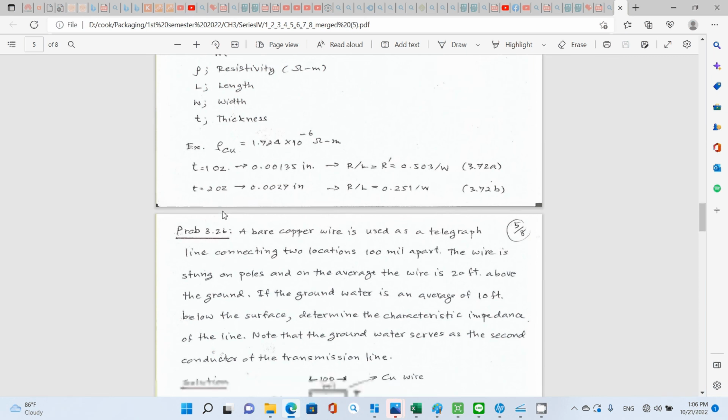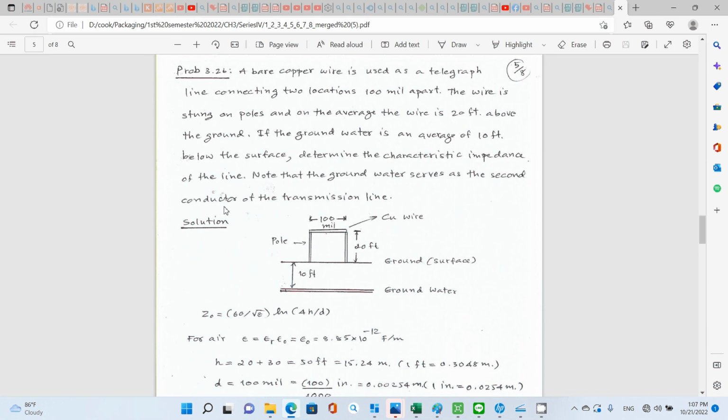Now let's take a look at some examples. Problem 3.26. A bare copper wire is used as a telegraph line connecting two locations 100 mil apart. The wire is strung on posts, and on average, the wire is 20 feet above the ground.